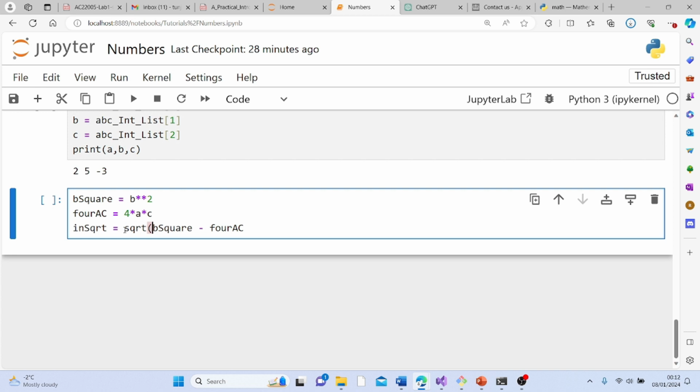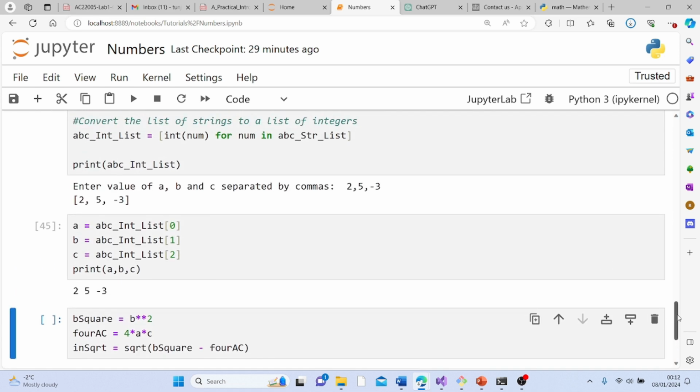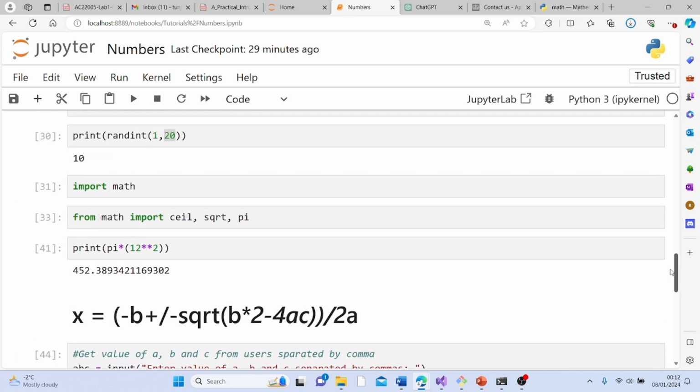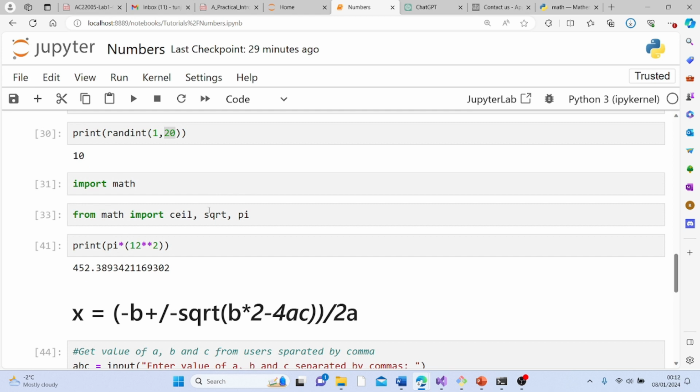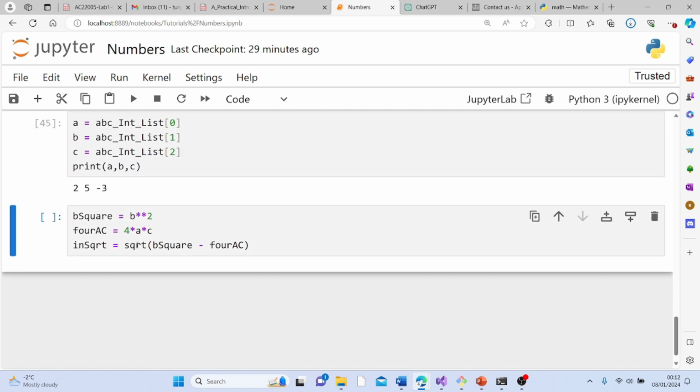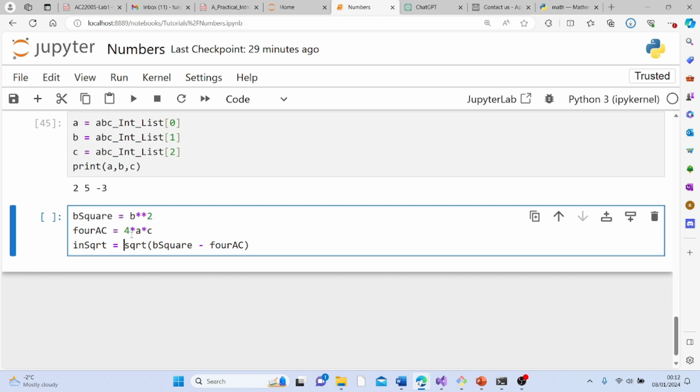We have imported the square root operator up here. Do we have it here? Yeah, we have imported the square root operator up here, so we can use it here. So we have found the square root of what we have done here. So the square root has been carried out now.